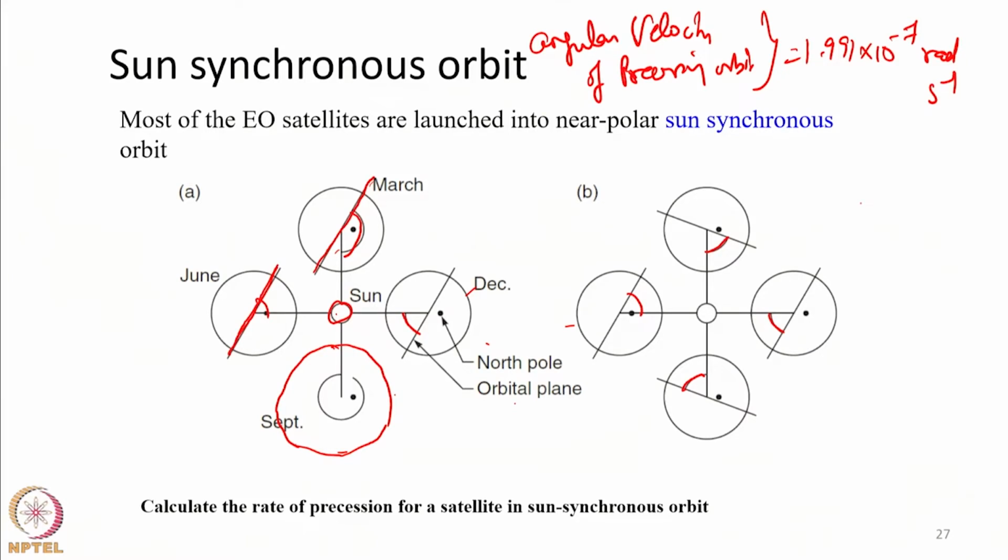If an orbit rotates around itself with this angular velocity, in one full year it will complete one full circle around itself, then it will achieve the sun synchronous nature.